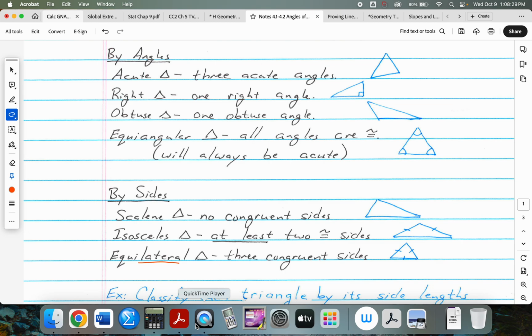Same root word. Lateral, latitude, all those have the same root word, so it means sides, because they go side to side. Okay? And EQUI, again, means the same. So these are also isosceles.